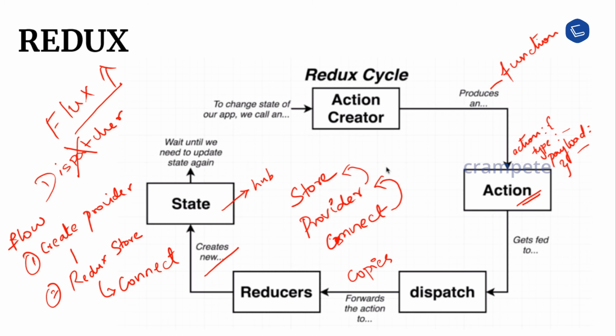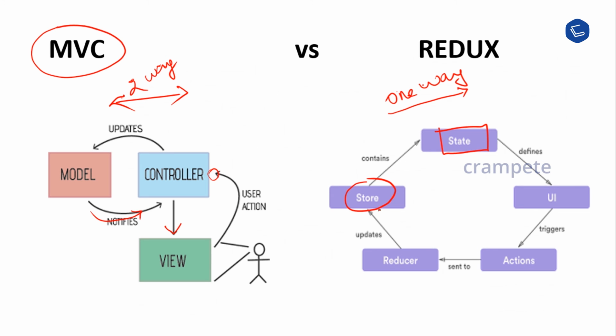For a quick recap, the main things are reducers, the store and actions. The store is the place where the entire state of the application lives. It manages the state of the application and adds an action function.